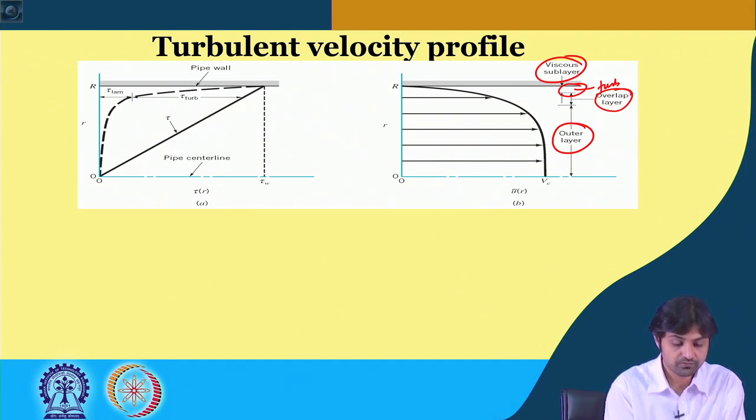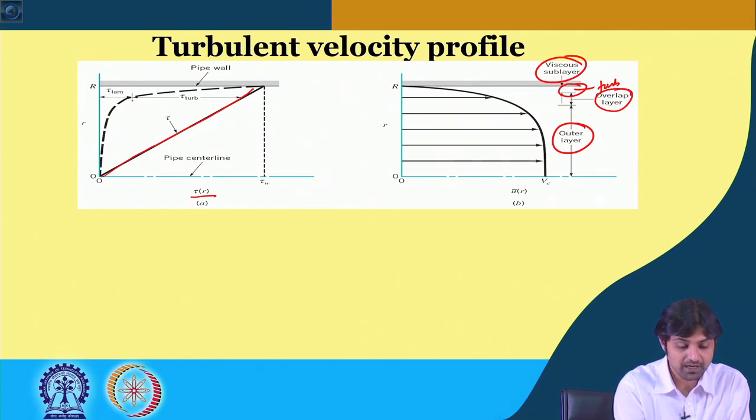We have represented tau as a function of r. This is the pipe center line, and if this is the total shear stress, at any point you can see the contribution.